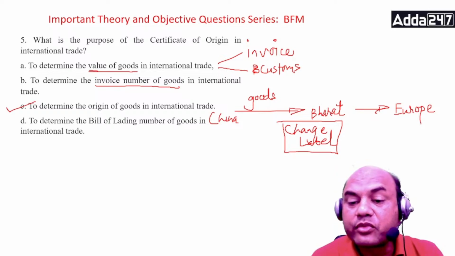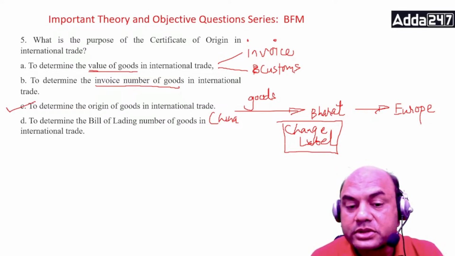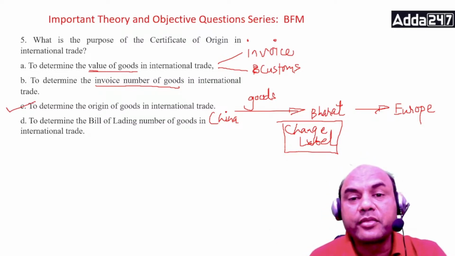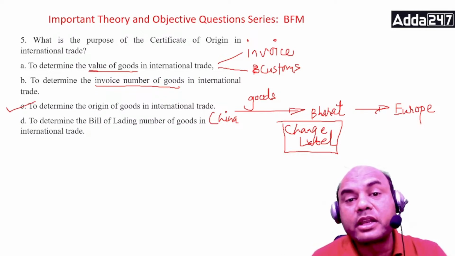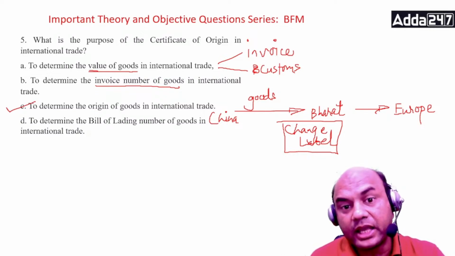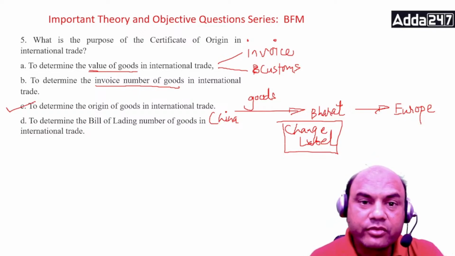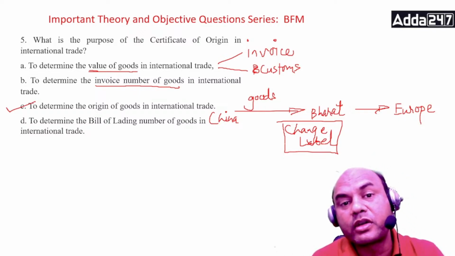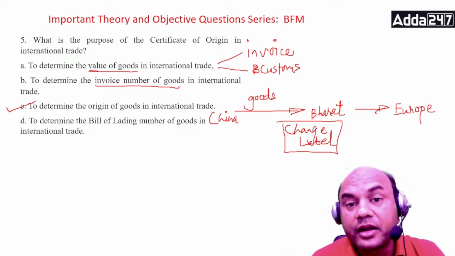Many countries want to know where the goods originated. Why? There are various reasons. Some countries have internal rivalry or animosity, enemies. For example, many countries have rivalry with Iran.